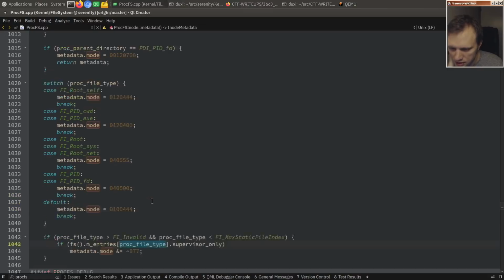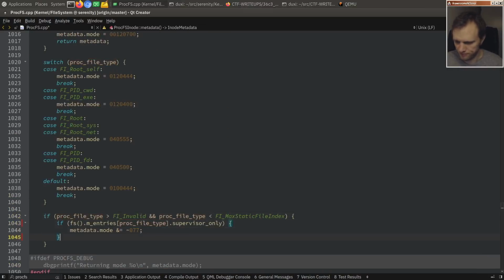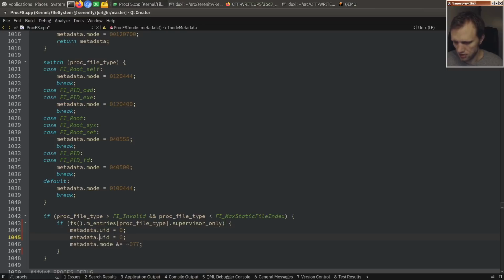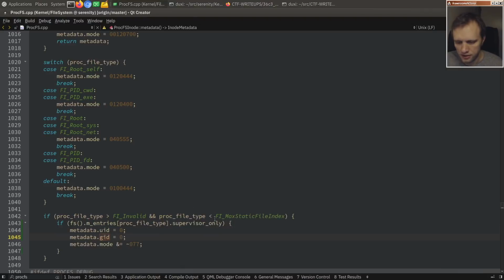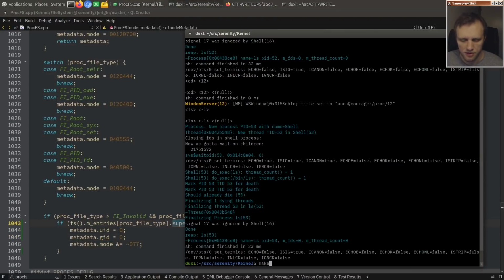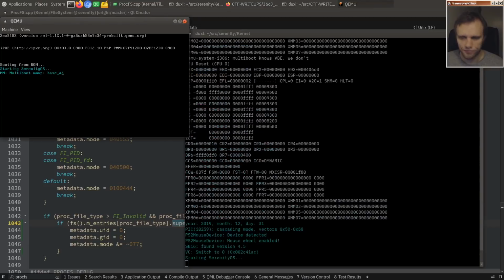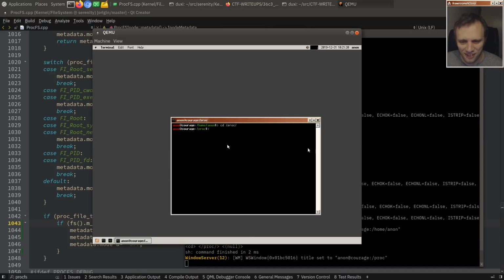We're not actually setting it to UID 0, so that's the bug. Metadata UID 0, GID 0. Okay, so for anything that has supervisor only set in procfs, we should make sure that it's user ID 0. Okay, so good, we're finding more problems here.